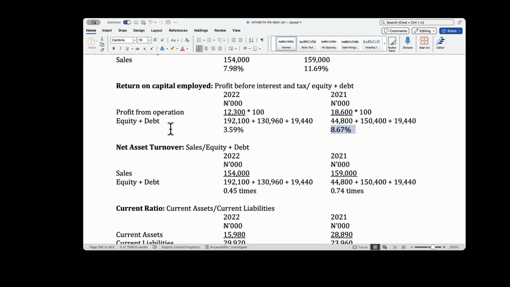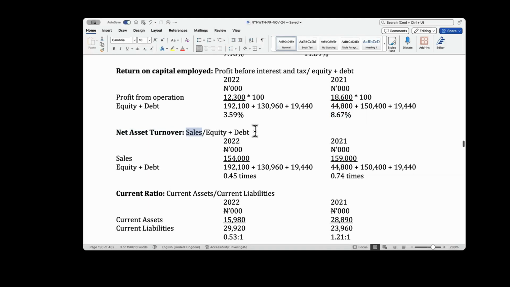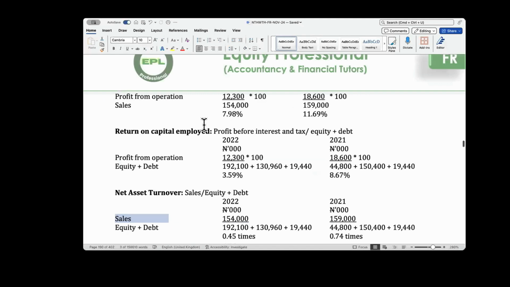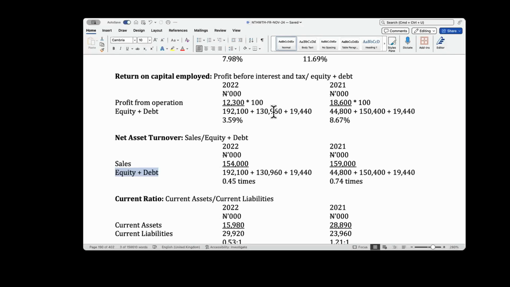Then my net asset turnover, which is my sales over capital employed. I use my equity plus debt also. I put my year and my Naira sign. I already have my sales up here, so it's becoming easier. I already have my equity plus debt up here, but I just put it again. Don't forget, asset turnover is in times, number of times.